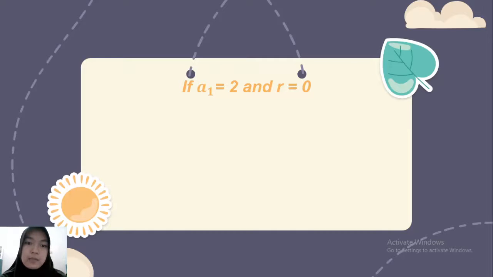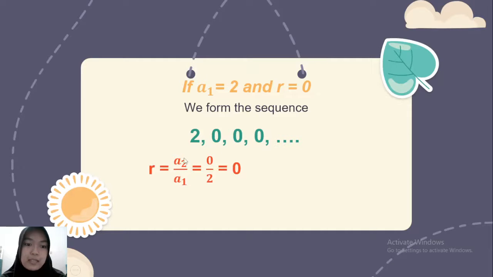If the first term is 2 and the common ratio is 0, we form the sequence 2, 0, 0, 0, and so on. But if we divide any term of the sequence by its previous term, such that r is equal to a sub 2 divided by a sub 1, our a sub 2 is 0 and our a sub 1 is 2. So 0 divided by 2 is 0.